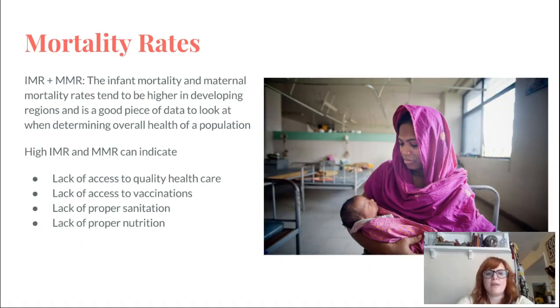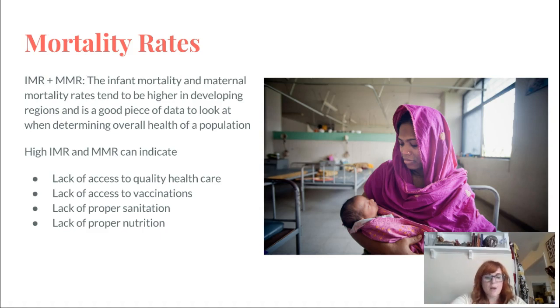So mortality rates, so IMR and MMR, also tend to be higher in LDCs versus MDCs. And a lot of this is for very similar reasons that we just talked about. What I would add with IMR and MMR being high is that it's probably because of a lack of access to quality health care.